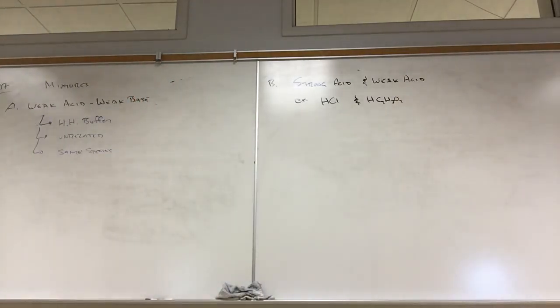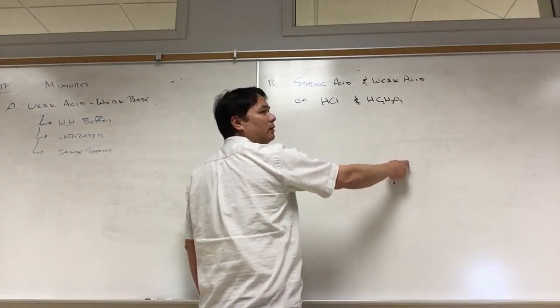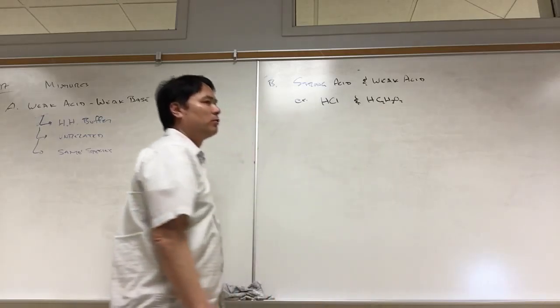How would you deal with this? Well, this you would treat just as any other acid solution. You'd look for the largest contributor of hydronium, which should be HCl, and then just keep adding the additional hydronium you get from acetic acid and the additional hydronium you get from water.